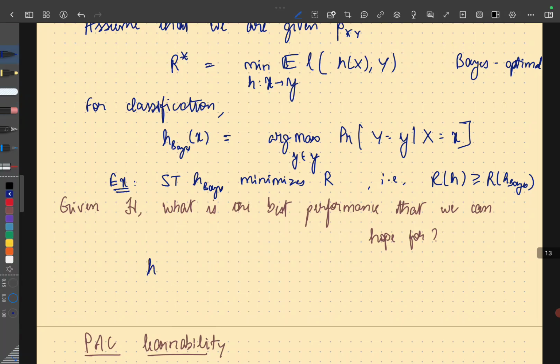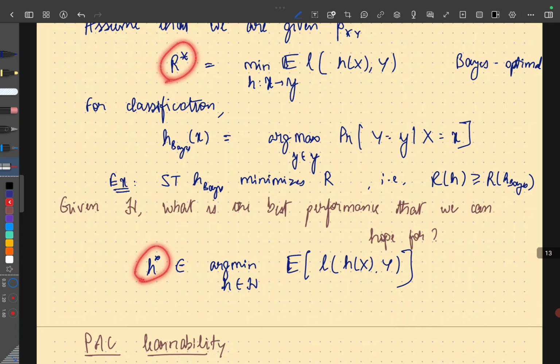Let's define H star as any element that minimizes the expected risk, that is R of H. So the difference between R of H star and R star is that here you're doing a constrained minimization over H within the hypothesis class, whereas here there is no such assumption.